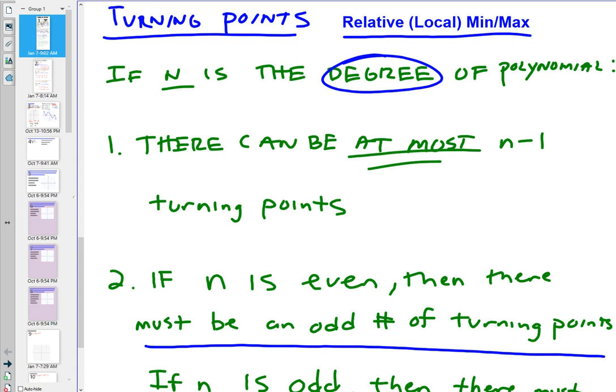Now, the degree also told you something else that we learned last week. What did we learn that the degree of a polynomial tells us last week?